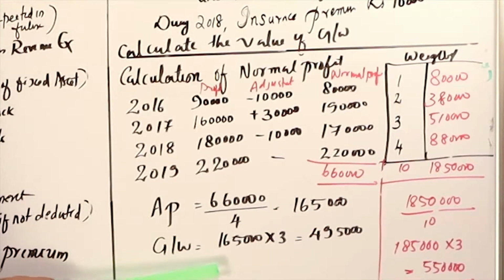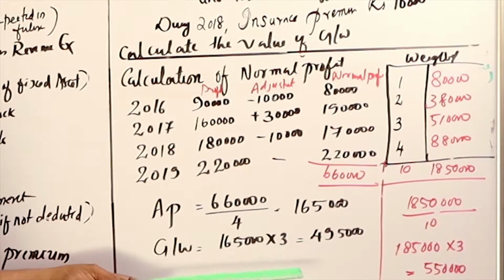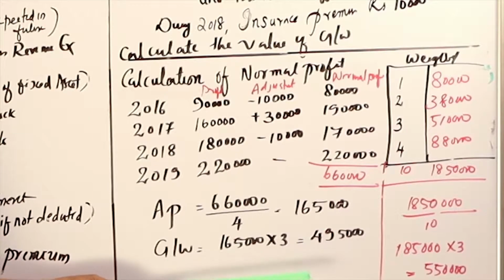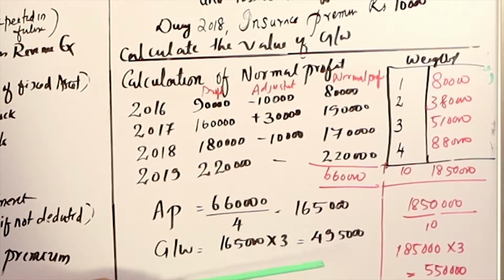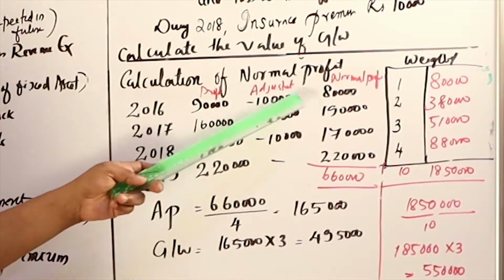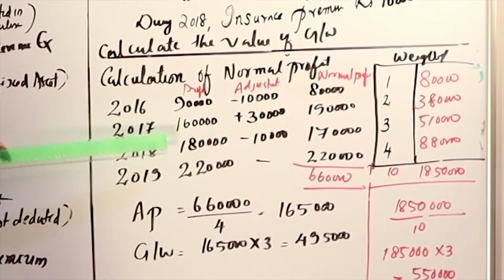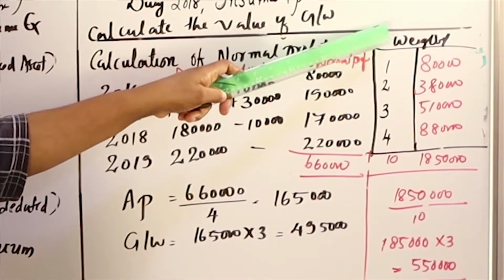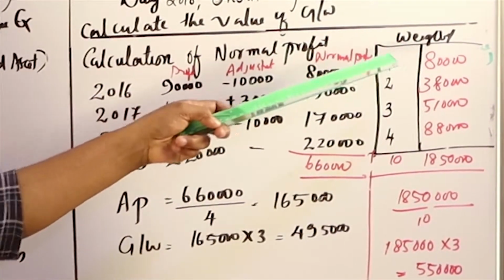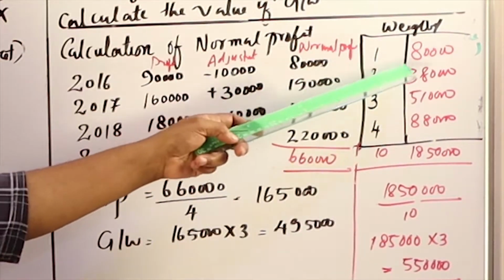Now goodwill is equal to average profit into number of years purchase, that is goodwill. This is the calculation of goodwill under the average profit method with past adjustment. The same thing applies in weighted average profit also. Till here the calculation is the same, and after that you have to give weights for each profit, 1, 2, 3, 4, then multiply with the weights.